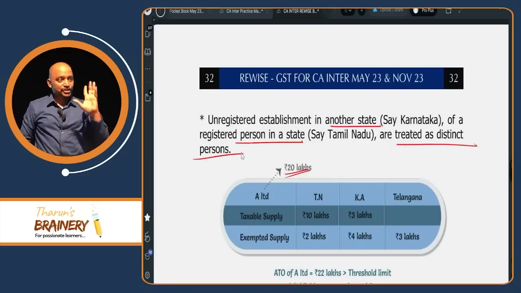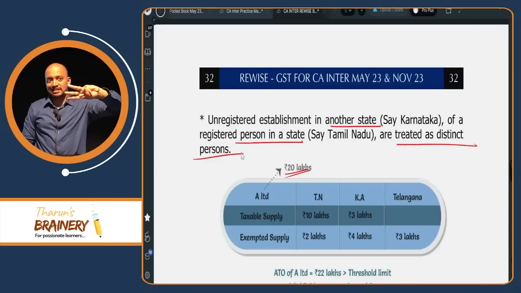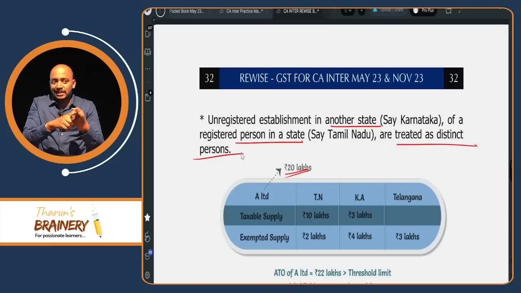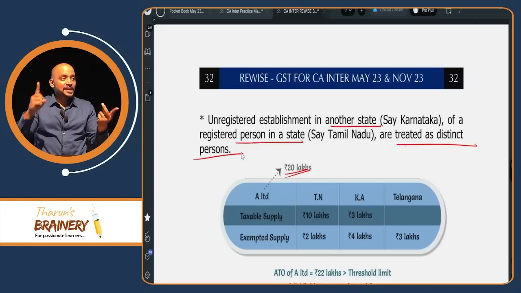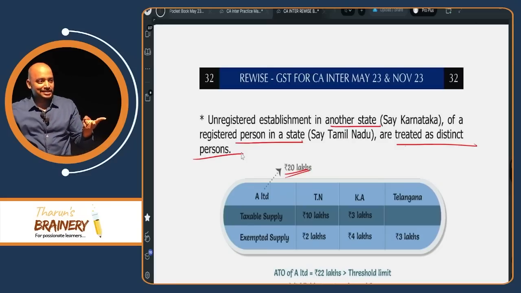Okay, so can you tell me what are distinct persons? 3 points you need to tell me. When is the transaction called a transaction between distinct persons? Registered establishment in one state to registered establishment in another state. Super. Then registered establishment in one state to unregistered establishment in another state. Super.